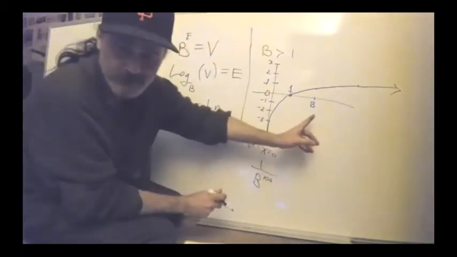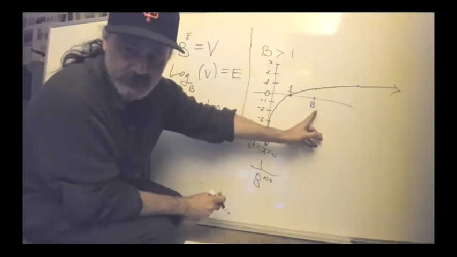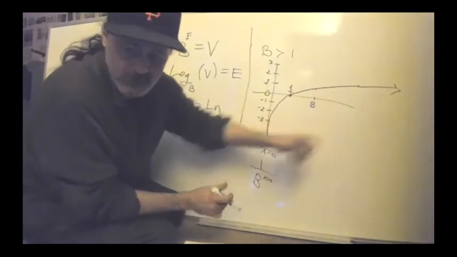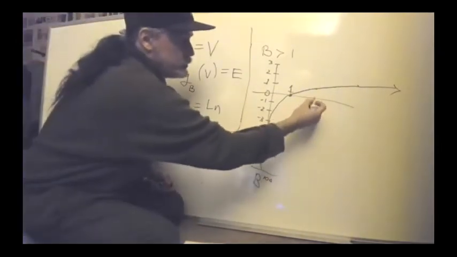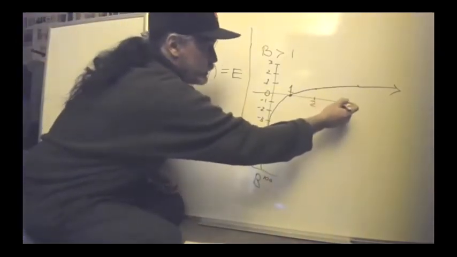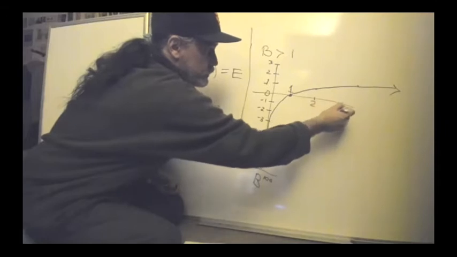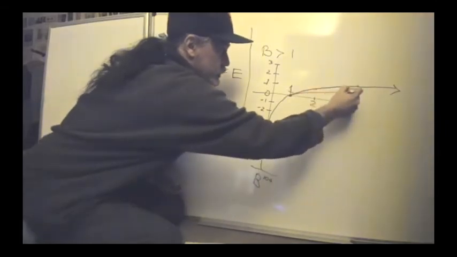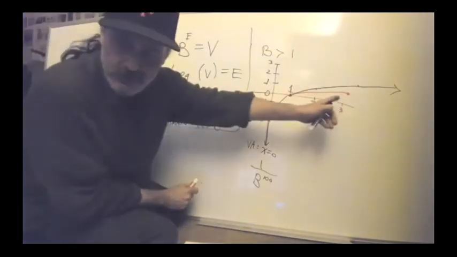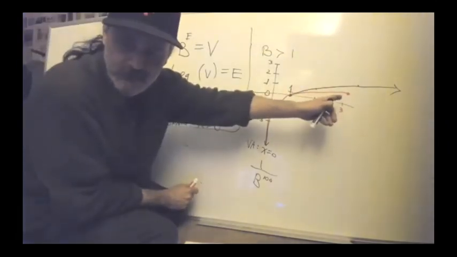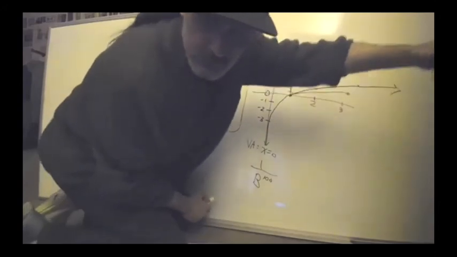So if you have a base that's bigger, this will gradually be over here. So let's say this was 2. Well, then a base 3 would stretch this over here. It'd take a little while longer because then that would be based on 3 to the first power, and then 3 to the second power, and then 3 to the third power.